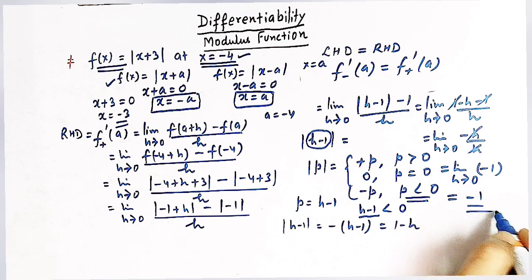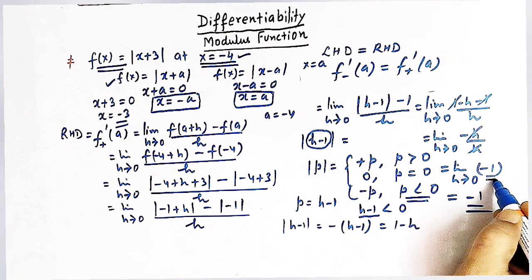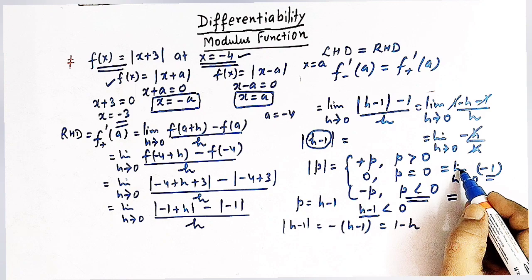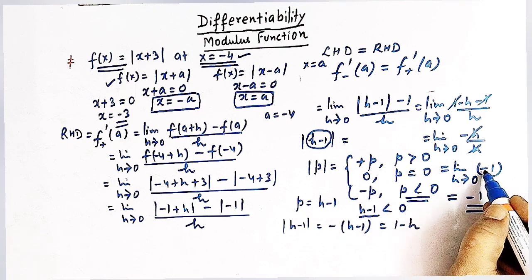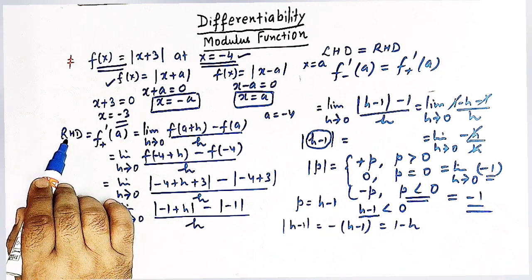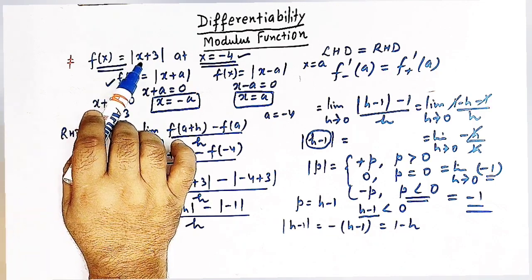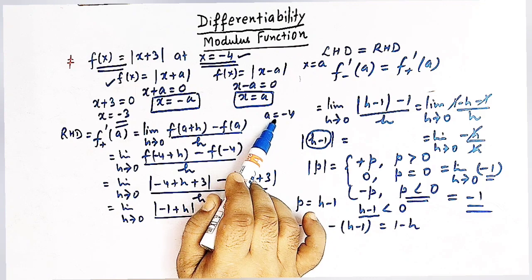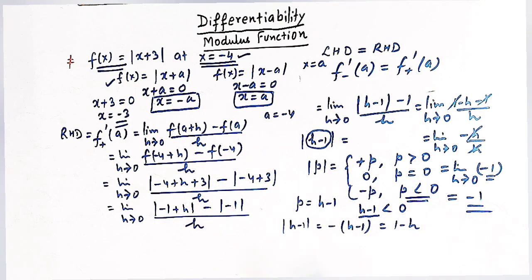This is minus 1 because it is independent of h. So limit h tends to 0 of minus 1 is minus 1. So the right hand derivative of this function at this point, x equal to minus 4, is minus 1.